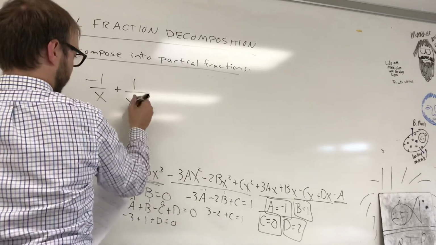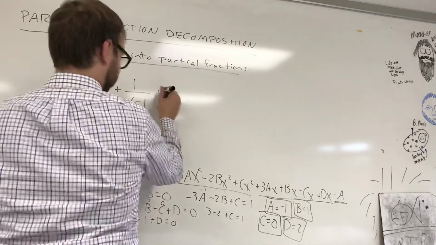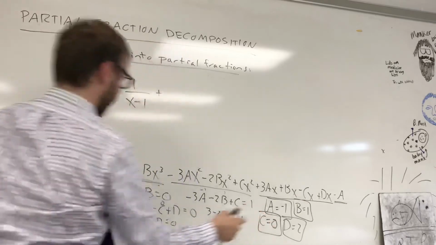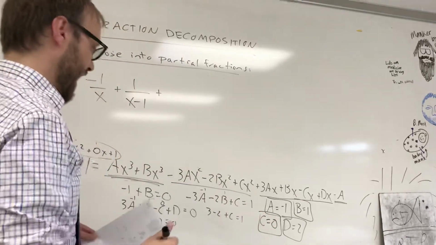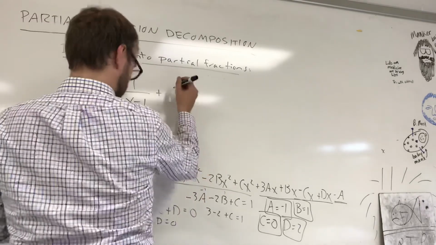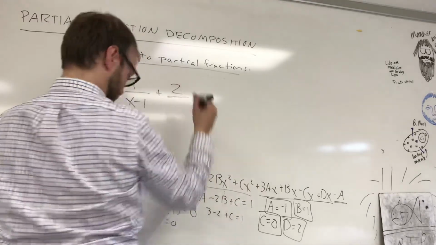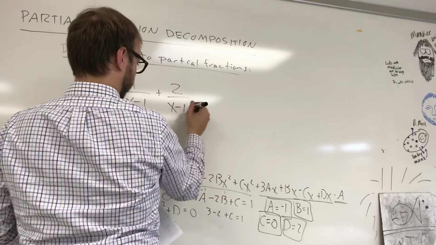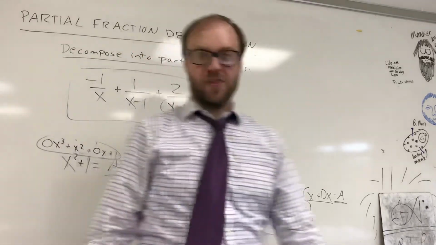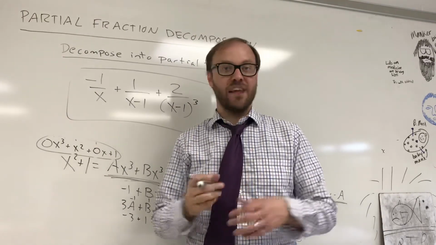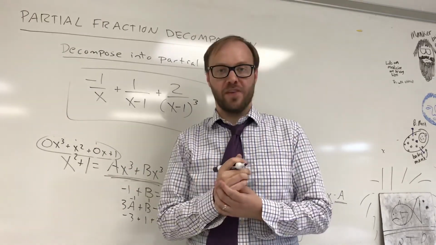That would be 1 over x minus 1. Plus c, c is 0, so it would be 0 over x minus 1 squared. So I'm not going to write that term. And then finally, plus d, my d value here is 2 over x minus 1 cubed, okay? And that would be my final partial fraction decomposition. So a challenging problem, not super common, but something you'll see from time to time.